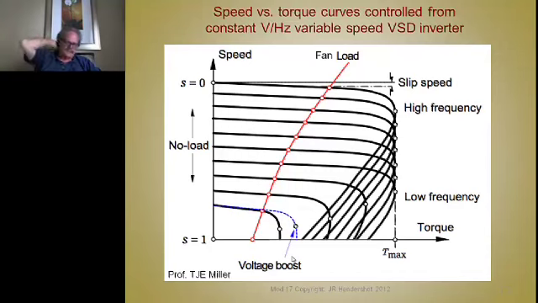And so this allows the motor, with a variable frequency and voltage at a constant ratio, to operate at all these different speeds, anywhere inside the envelope of that family of torque speed curves that have been identified there.